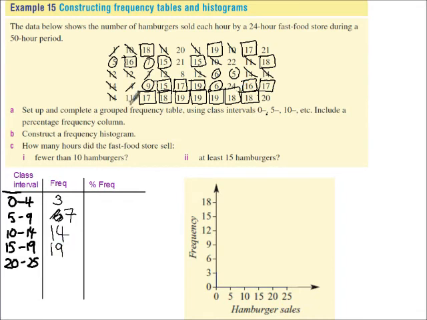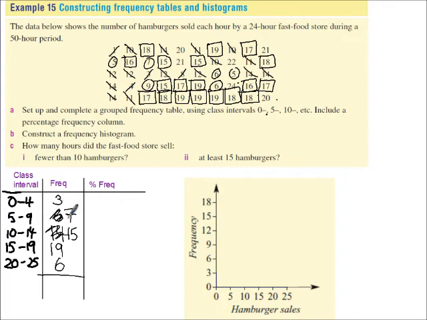And I did notice that I missed an 11 here, so let's get that up to 15. And what's left? 20 to 25 is 1, 2, 3, 4, 5, 6.